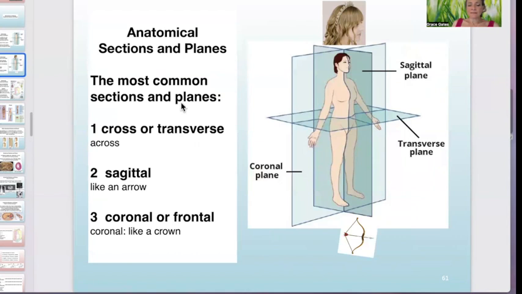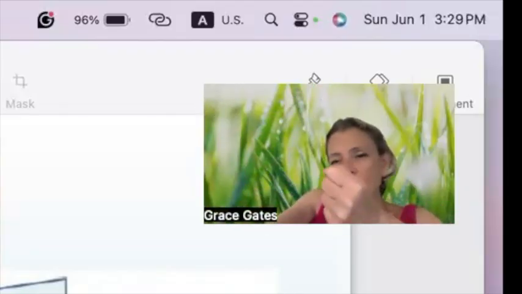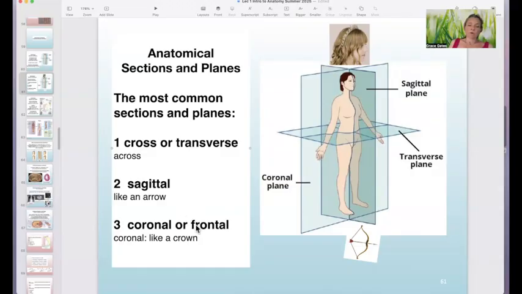The most common sections and planes are cross or transverse section or plane, which means cutting across the body, sagittal section or plane, which means cutting like an arrow or like a bow and arrow. Something that you can't see my hands, hold in front of you like a bow and arrow. Coronal or frontal section or plane means cutting in the plane of a little crown that could be worn on the head.